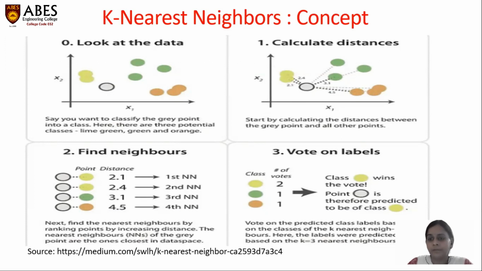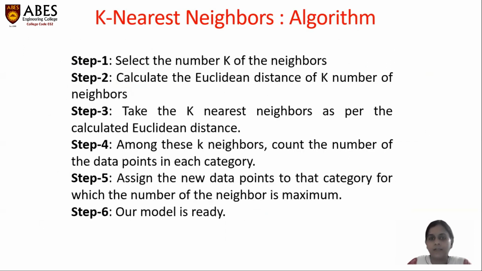Before going on to the mathematical detail, let's have a look at the algorithm. This is the algorithm, very simple. I have taken it in simple pseudocode. Step 1 is to select the number K of neighbors. That means from how many neighbors you want to decide the class.